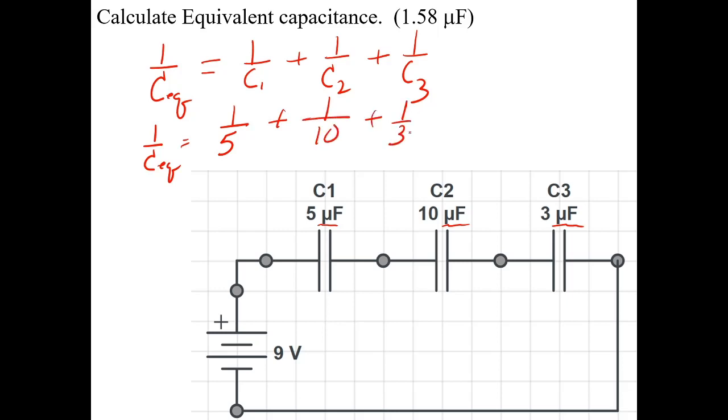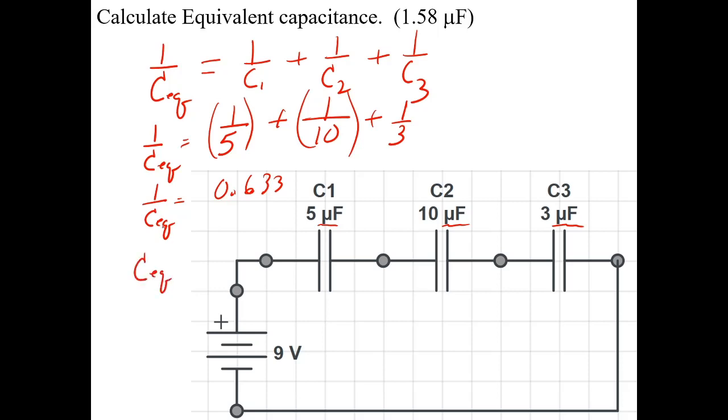It won't matter. Here's my secret. I don't worry about getting a common denominator and doing the fractions. I just put them in parentheses in the calculator. I do parentheses 1 divided by 5 in parentheses plus parentheses 1 over 10 plus parentheses 1 over 3. And I get a decimal number, 0.6333 repeating.